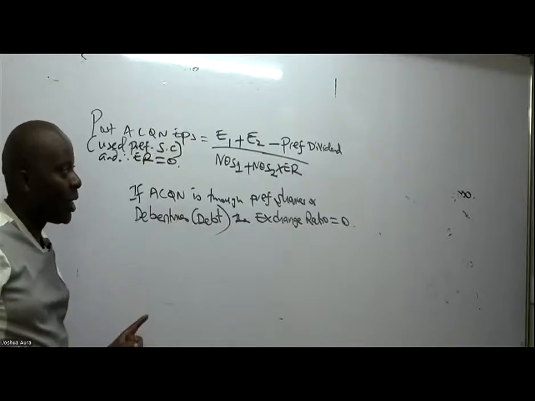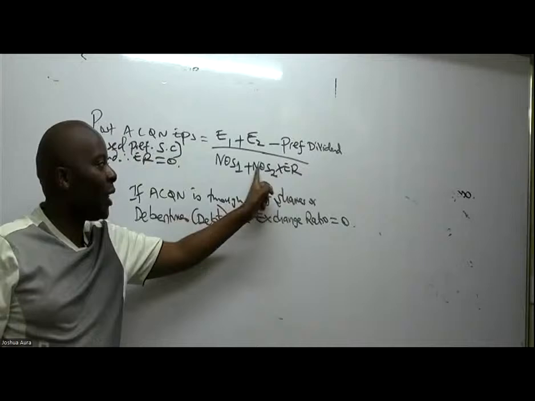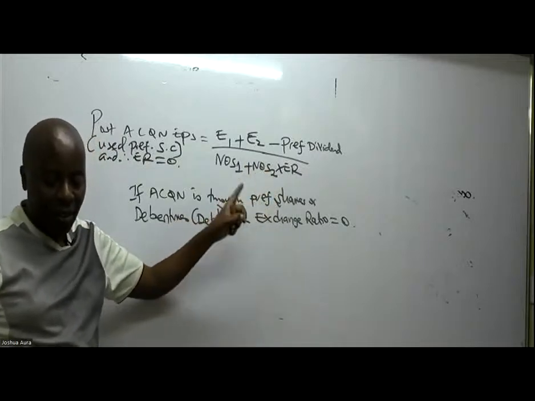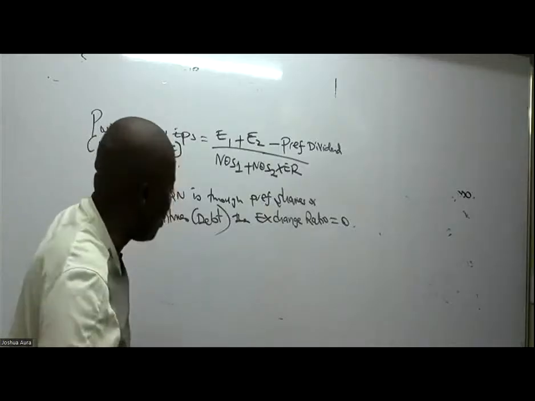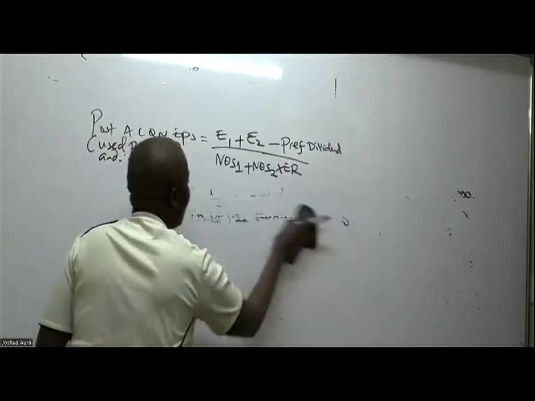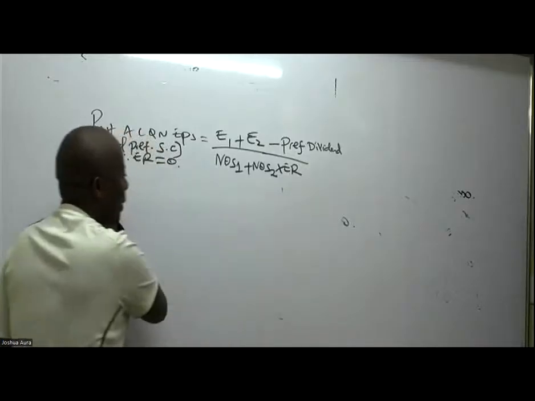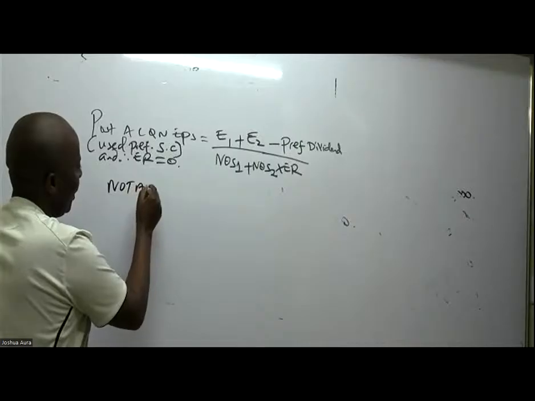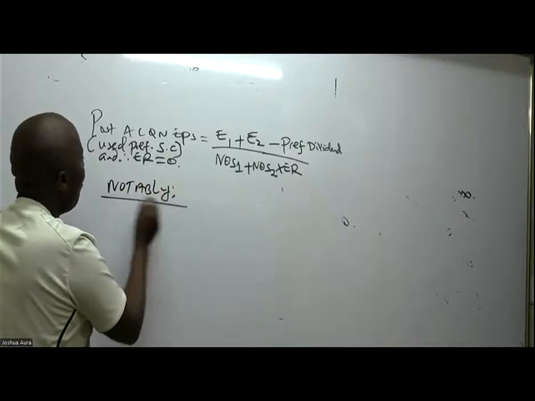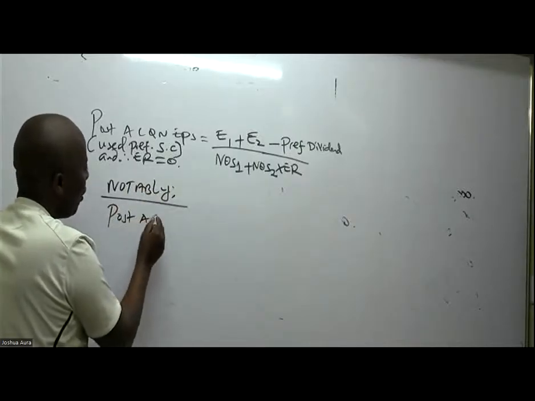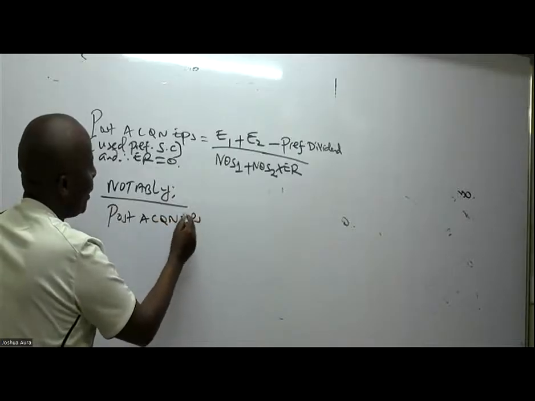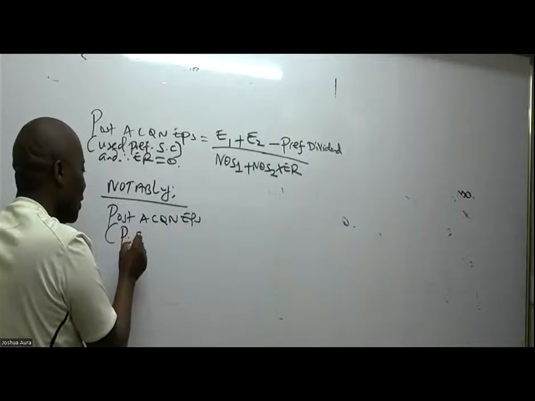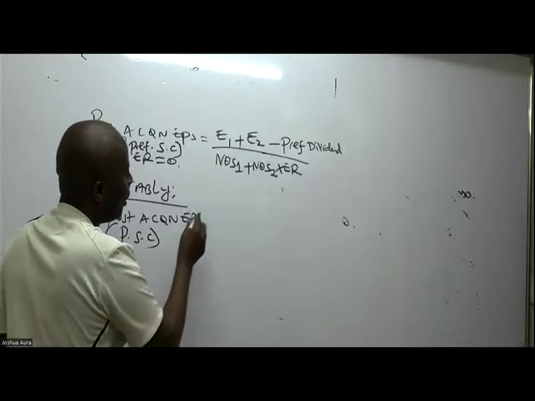This is very interesting. If this exchange ratio is 0, then I can see something disappearing. And ladies and gentlemen, this is now very important. Our post-acquisition EPS, where we are using preference share capital, will be looking like this.